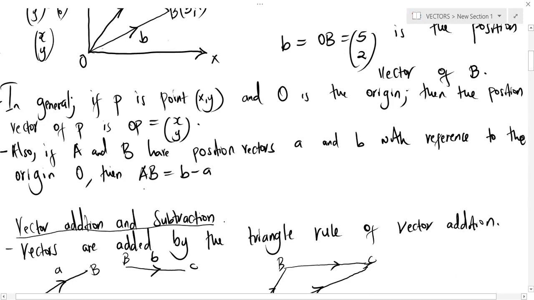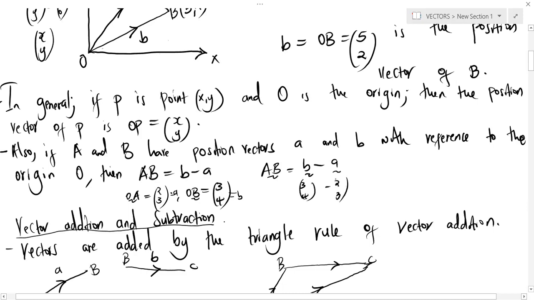So let's say, for example, OA is equal to (2, 3) with reference to the origin, and OB is equal to, let's say, (3, 4), such that this is our A and this is our B. So basically AB is given by B minus A. Note that AB is given by B minus A. So in this case, we will have (3, 4) minus (2, 3).